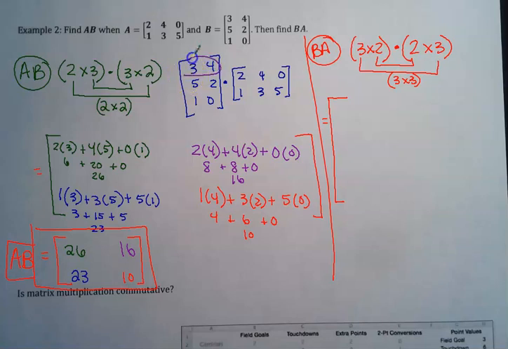Okay, so we're going to start with our 3 times 4 here. In our first spot, we're going to have 3 times 2 plus 4 times 1. Then we're going to move to the second column. So 3 times 4 plus 4 times 3.